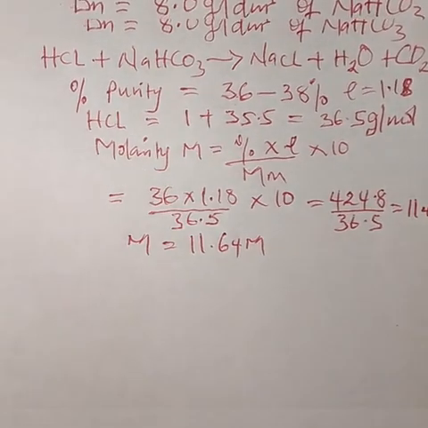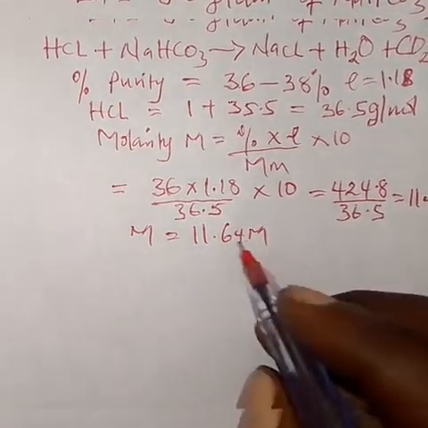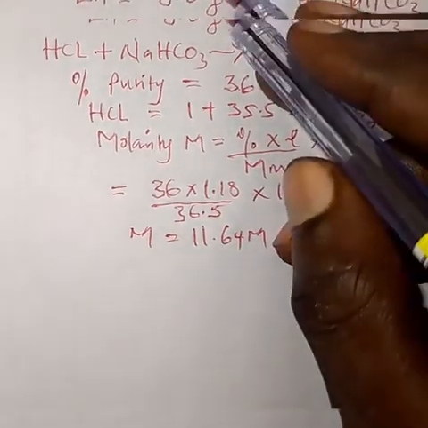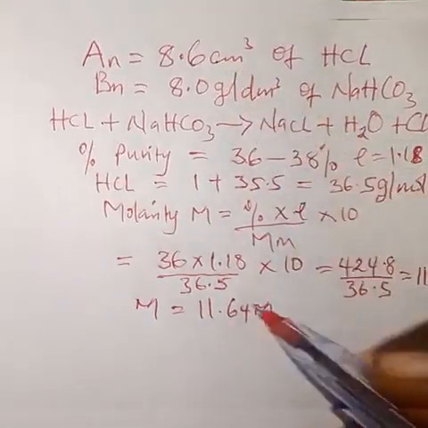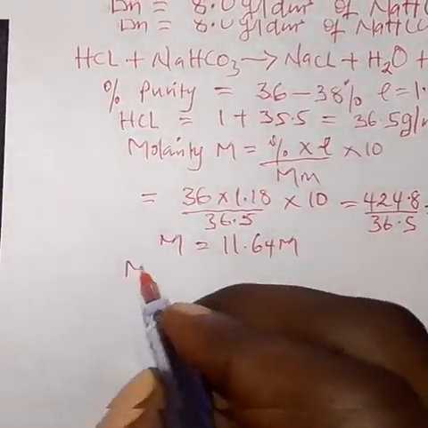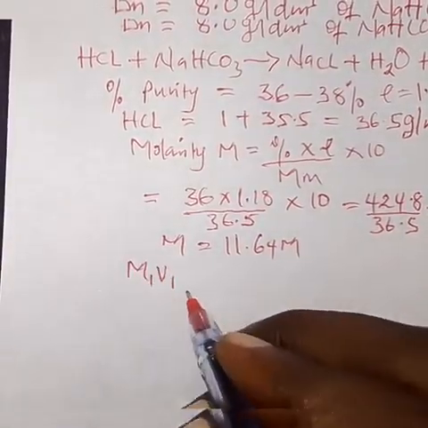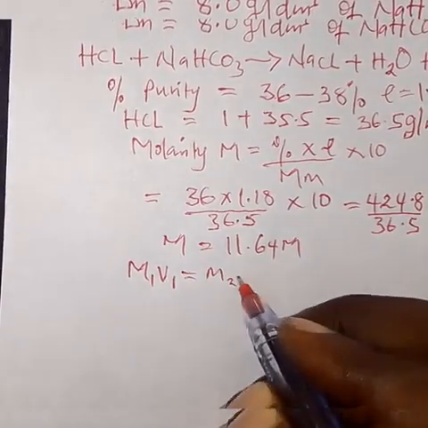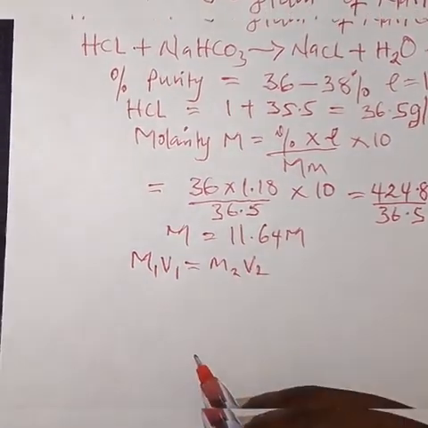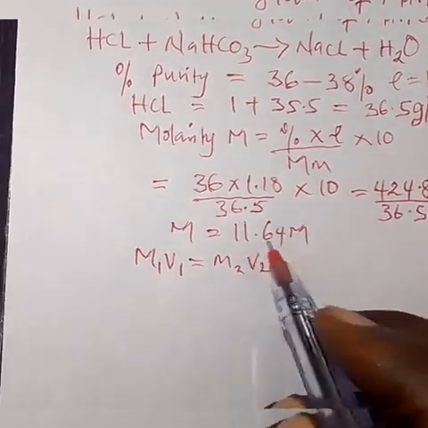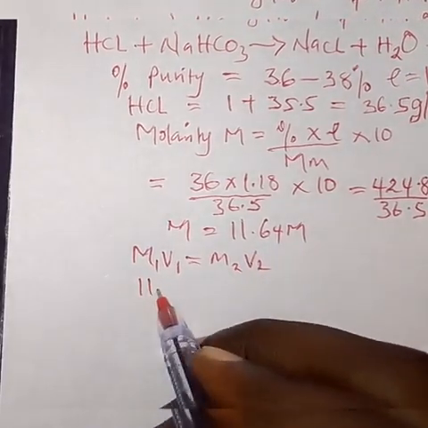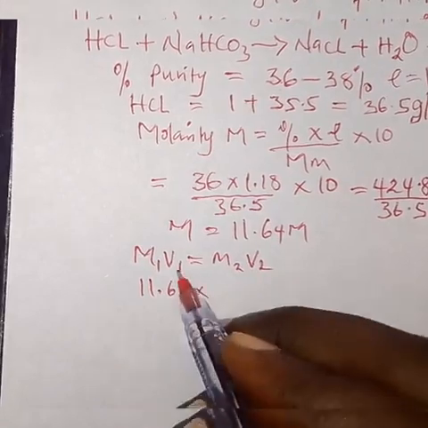Okay? So now I'm going to write the dilution formula, because this is what I'm going to transfer into 1 dm cube of solution. Okay? Now M1V1 is equal to M2V2. We are looking for M2, which is the molar concentration of the acid. M1 is 11.64, times the given volume.